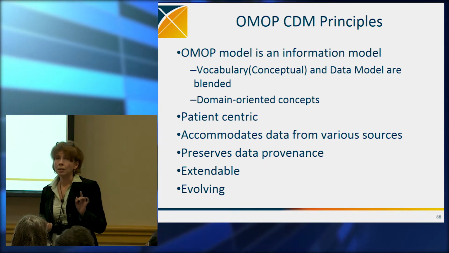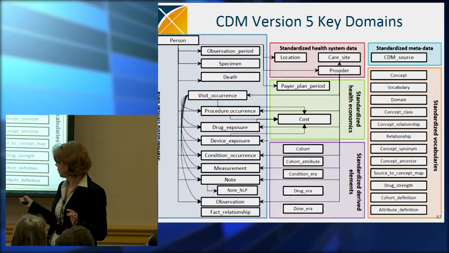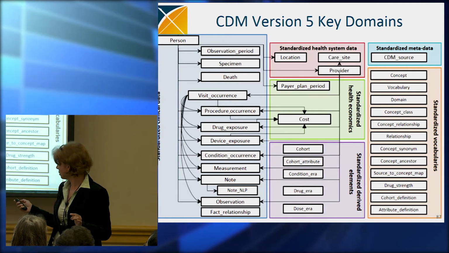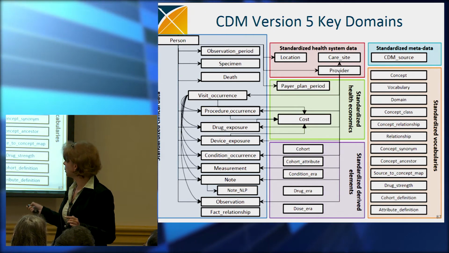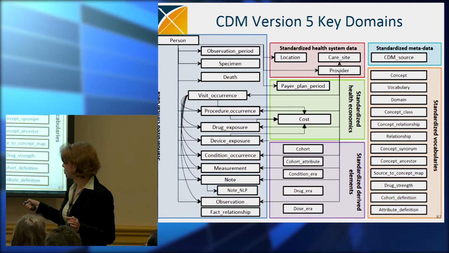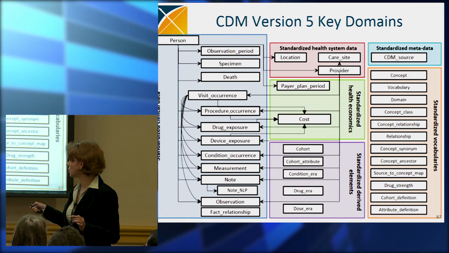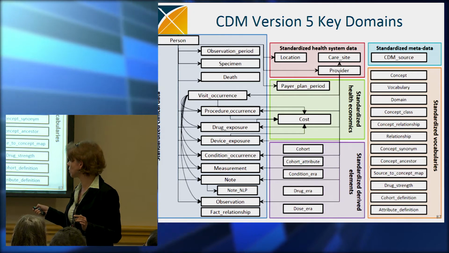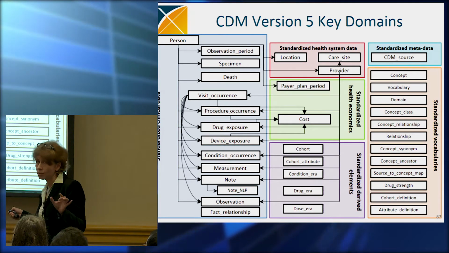All the concepts are domain-oriented. So when we go back and look at the standardized clinical data, we see that they're broken into smaller domains. There is a visit occurrence, procedure occurrence, drug exposure. All these are domains.